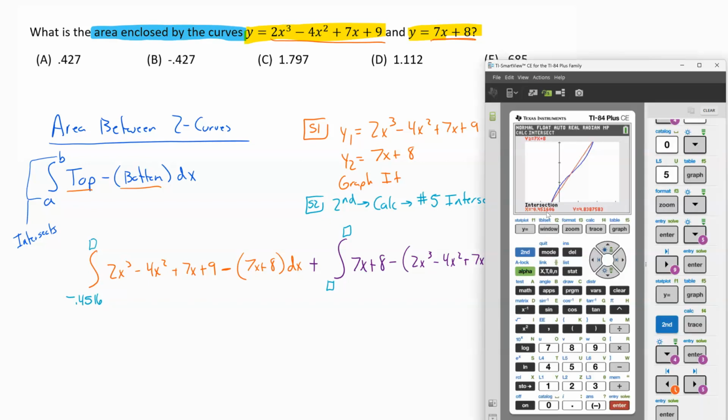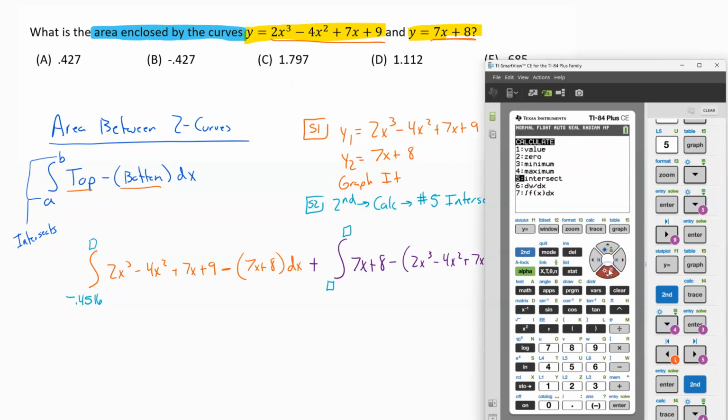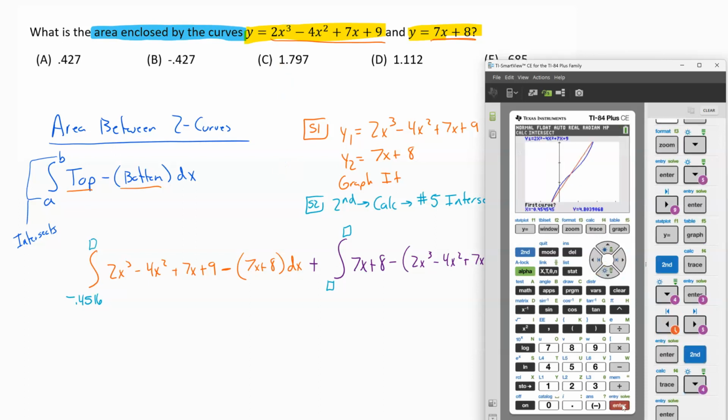Then I'm going to go calculate that intersect in the middle. So second calc, number 5 intersect again. First curve, hit enter. Second curve, hit enter. And again, on the guess, we're just going to scroll up now. We want to find this one in the middle. So I hit enter again. Says the word intersection, so I know I did everything right. And then that 0.5969 is going to be our intersect.